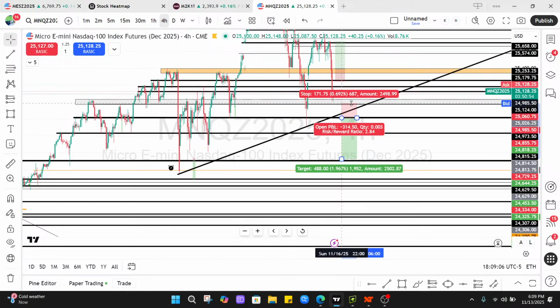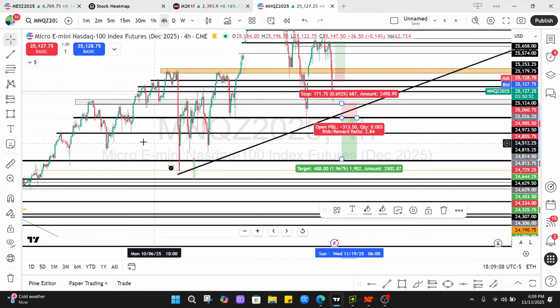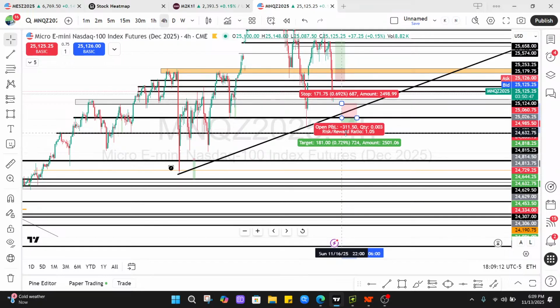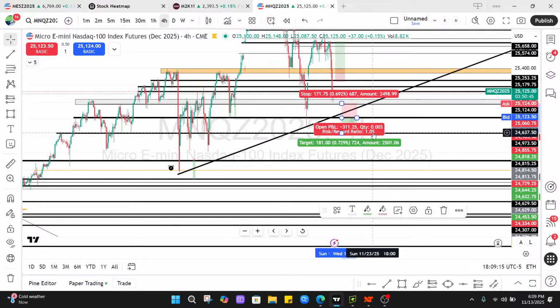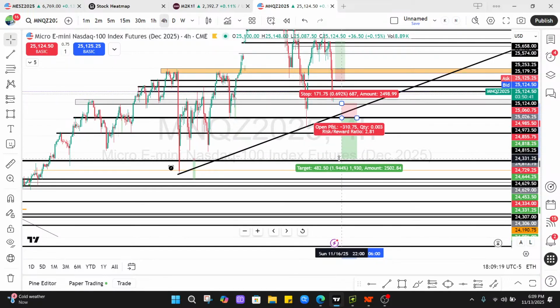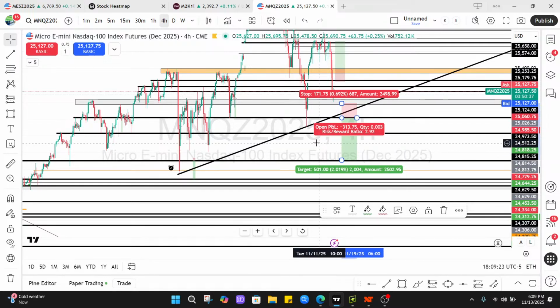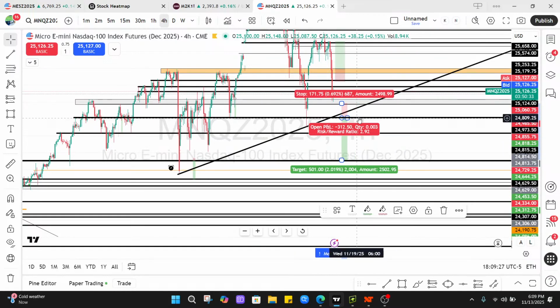But it'll look something like this. Boom. See, that's more like a 1-to-1 right here. Yeah, you see? Risk reward 1.05. That'll be cool, but I would love this. See, that's like a 3-to-1 right there. So we're just going to keep that there on the chart.